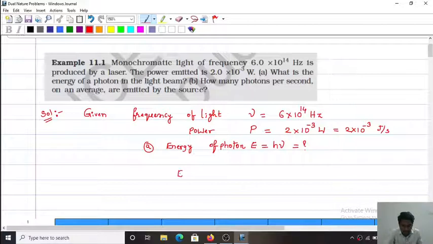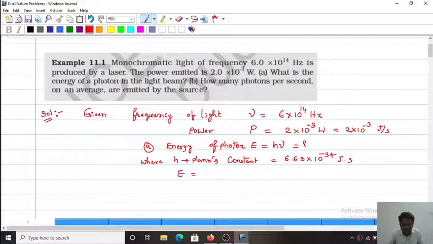So E equals h nu, where h is Planck's constant, and its value is 6.63 into 10 power of minus 34 joule second.